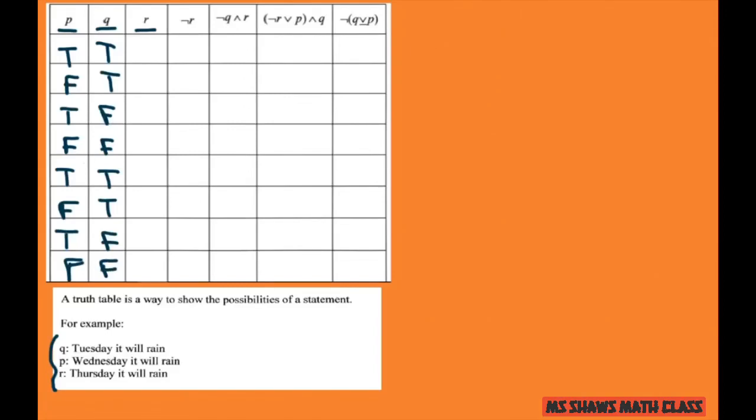For R, you write four T's and four F's. Now to do the negation, you're just going to do the opposite, so four falses and four trues.